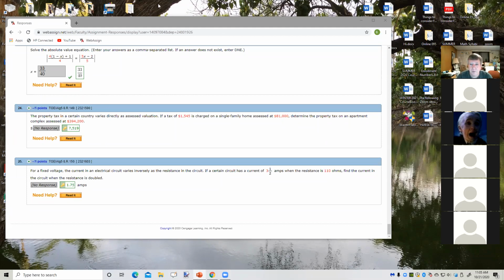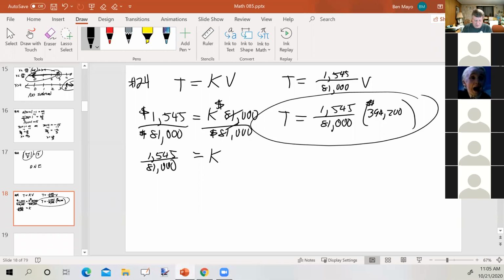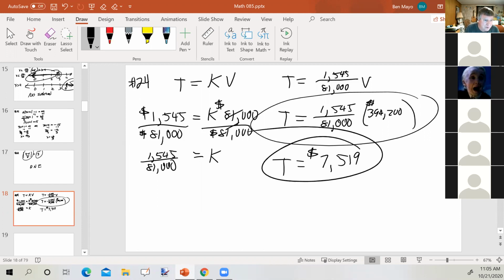So now it's calculator time. 1,545 times 394,200 divided by 81,000 comes out to exactly $7,519.26. So that would be the tax. Okay?